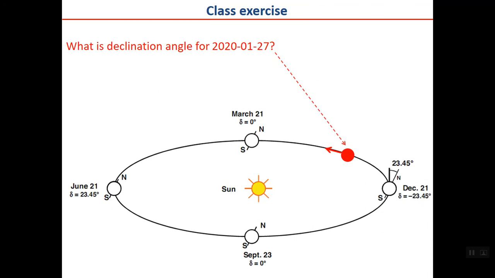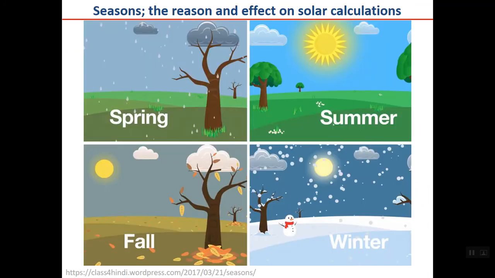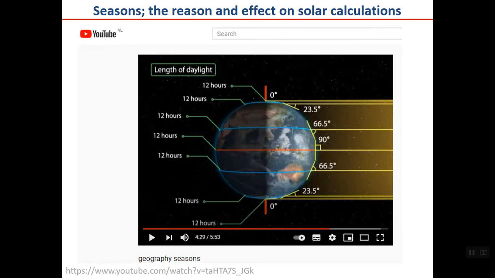Okay, the next very interesting point is seasons, and we want to know the reason for seasons and the effect it has on solar calculation. There's a very good video for that. I put the link to the video here, and I want to ask you kindly to see this video.